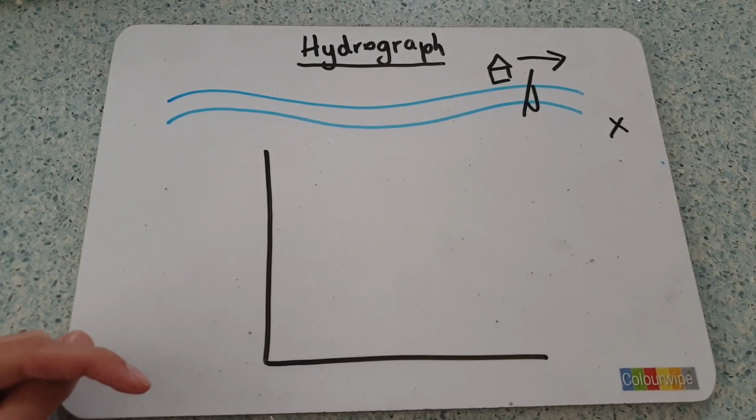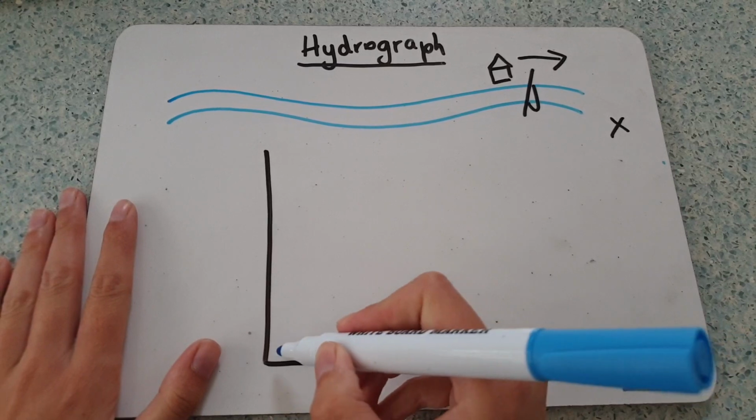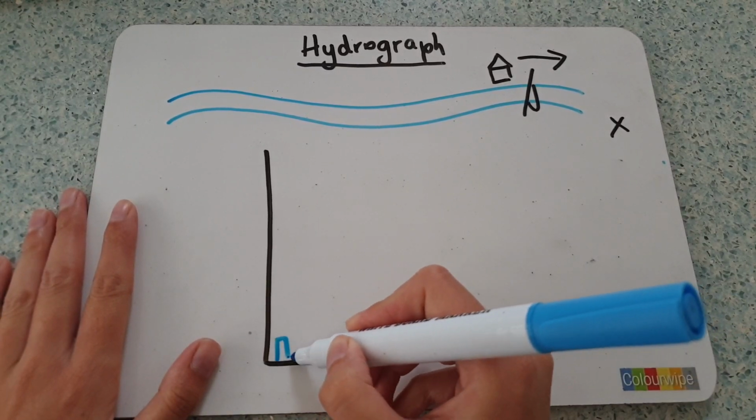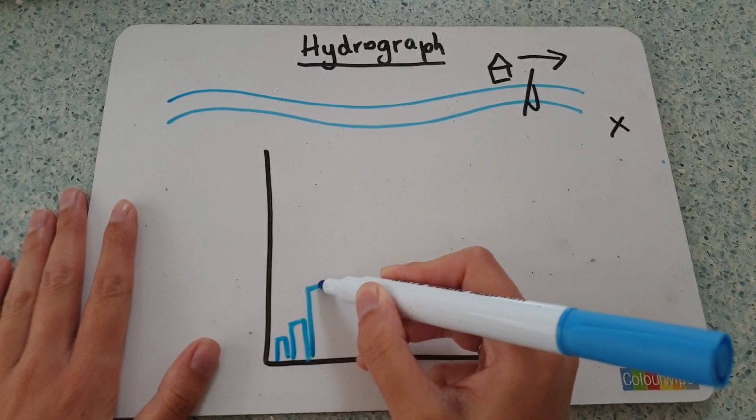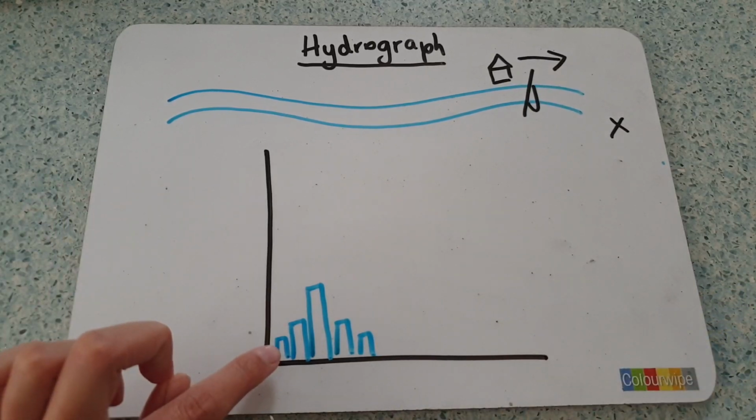So the first thing, and just to make this easy, we'll do one thing at a time. The first thing we'll have is the rainfall, and the rainfall is always shown as a small bar graph in the left-hand corner of our graph.